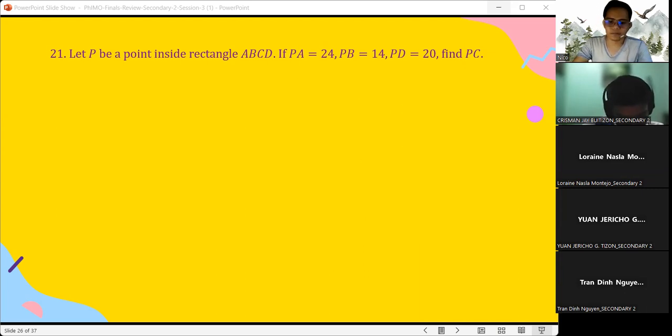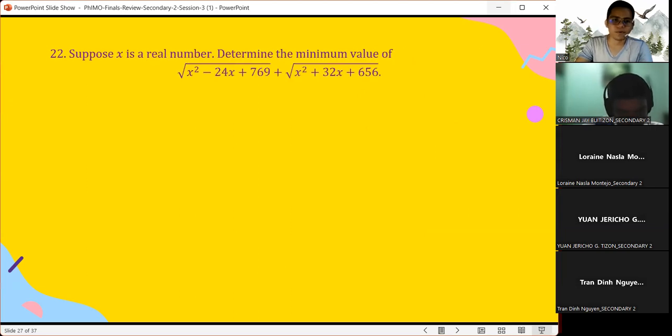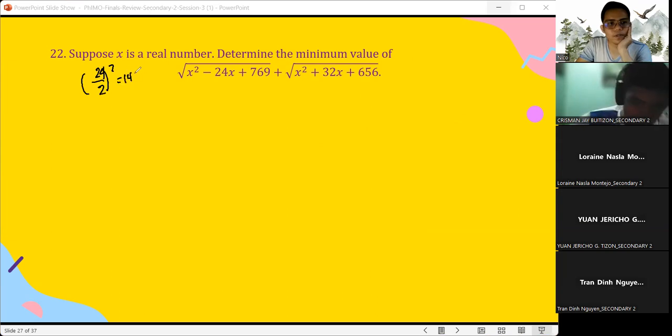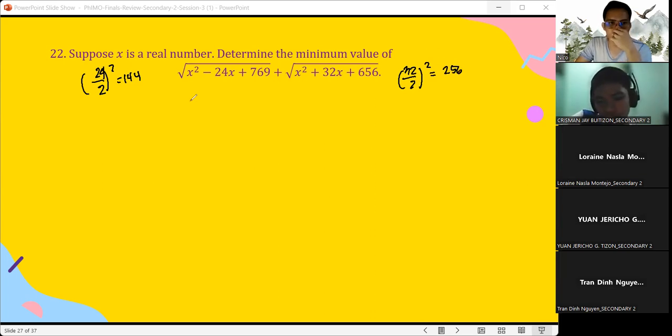Okay, let's continue. Let's have number 22. Suppose x is a real number, determine the minimum value of the expression. Okay, minimum value. So 24 divided by 2 squared is 144. 32 divided by 2 squared is 256. So x squared minus 24x plus 144 plus 625.